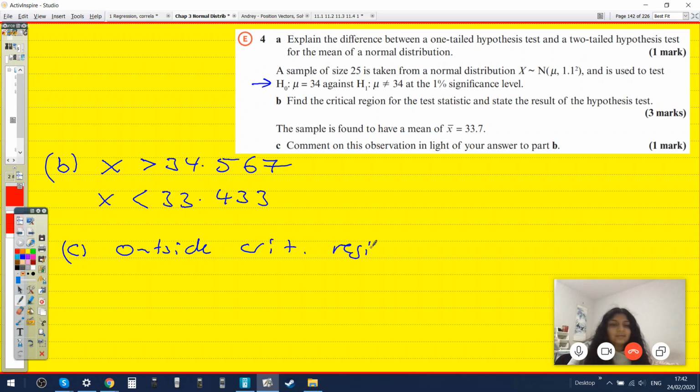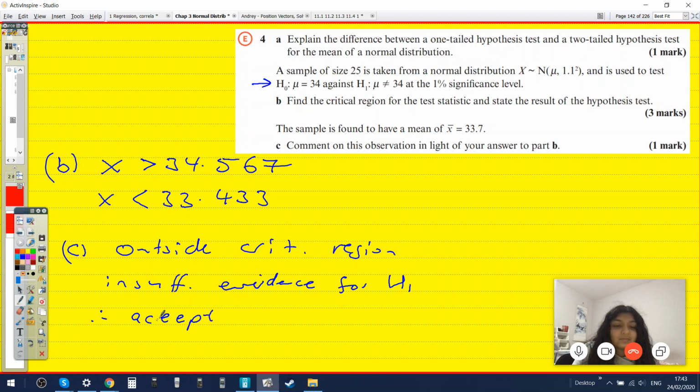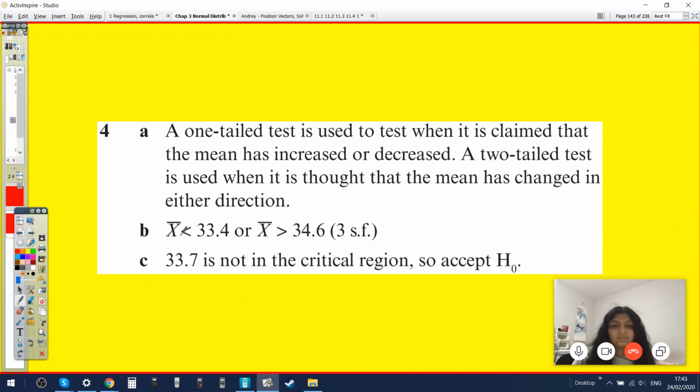So insufficient evidence, you reject H1. I'm actually going to get confused with this in the test. It's something that's not that rare. So part B, they just worded this strangely. It's not in the critical region, so accept H0.